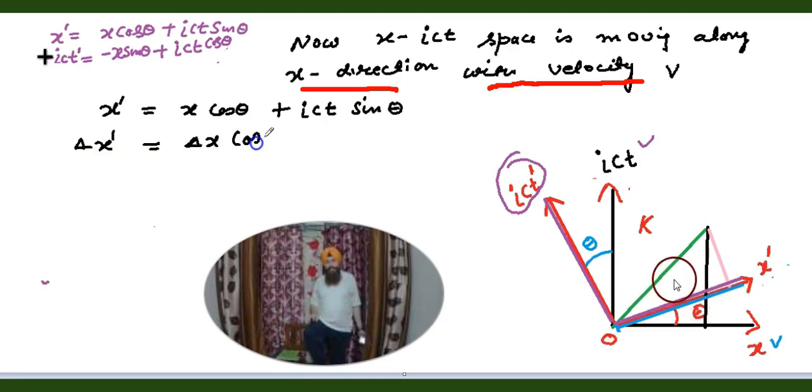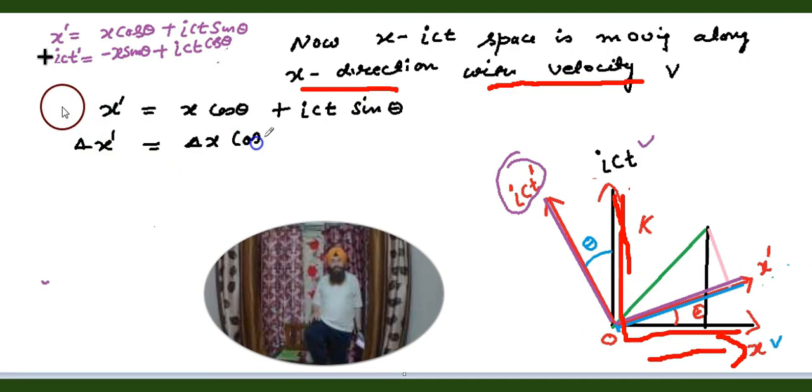If we think that K dash frame is fixed, and frame K, which frame K? This one. So this frame is moving along the positive x direction. K dash frame is fixed and K frame is moving.